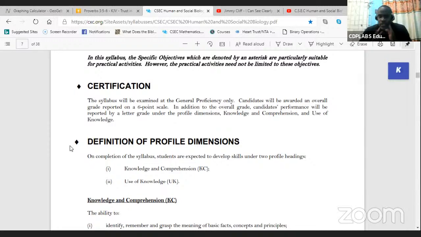Those are skills. It says on completion of the syllabus, students are expected to develop skills under two profile headings. So CDP Labs and your services classes are based on developing skills. That's what allows you to pass the exams.